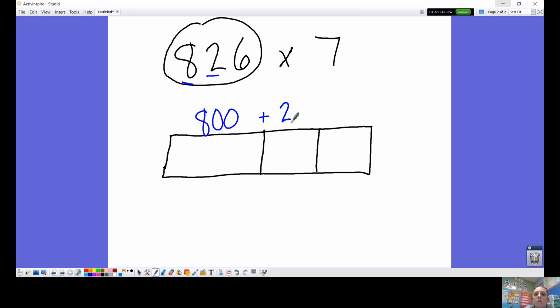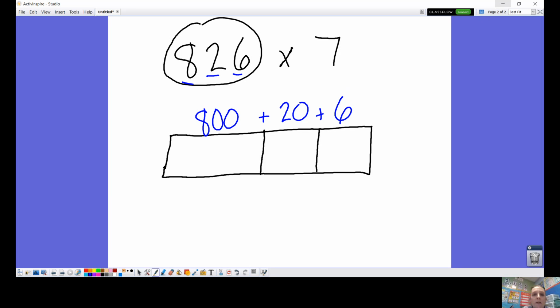So 2 10s is 20. Don't forget to put your plus signs. And I hope that you knew that in the 1s place there was a 6, that 6 represented 6 1s. So when you look at your problem, you should have 800 plus 20 plus 6. Okay? And then you're going to take care of your 7.